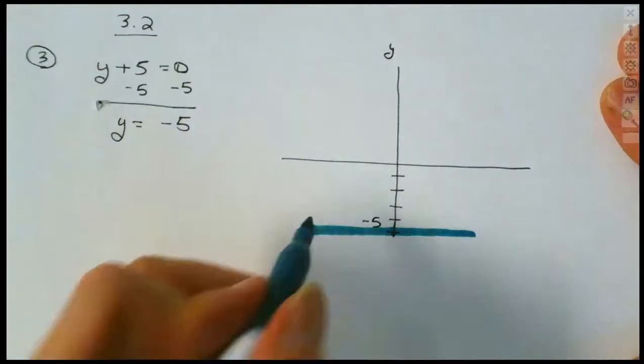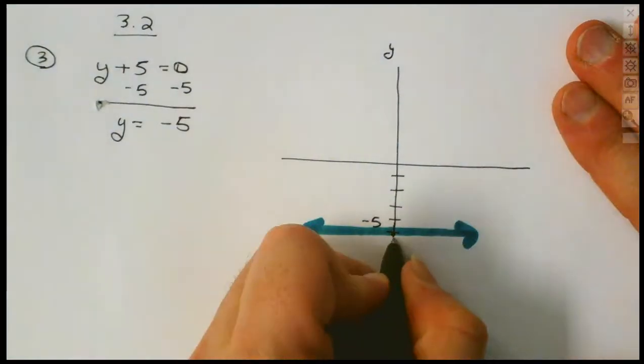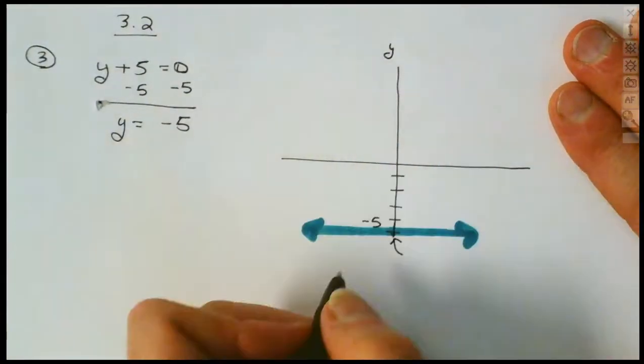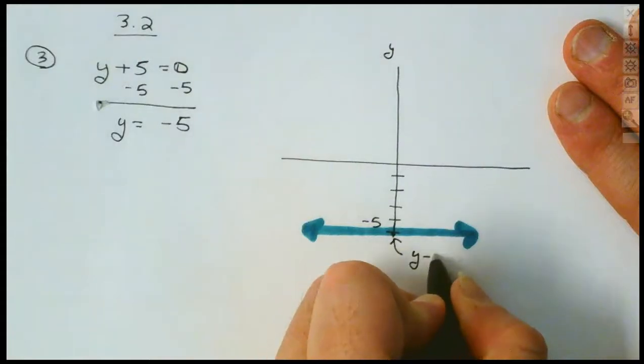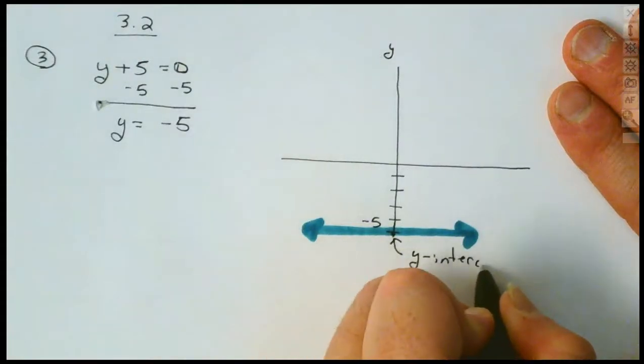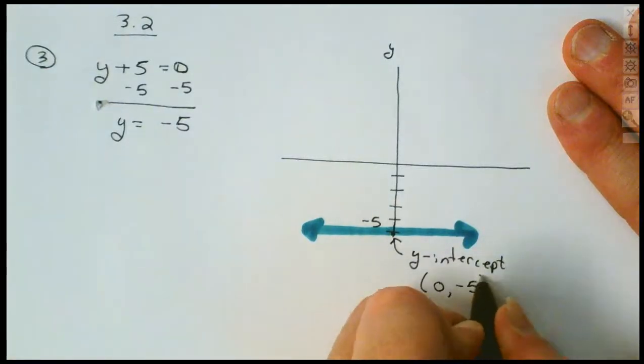There is your graph. On this one, we didn't have to find the intercepts, but right here, that would actually be your y-intercept, because that's where it crosses the y-axis. As an ordered pair, that would be (0, -5).